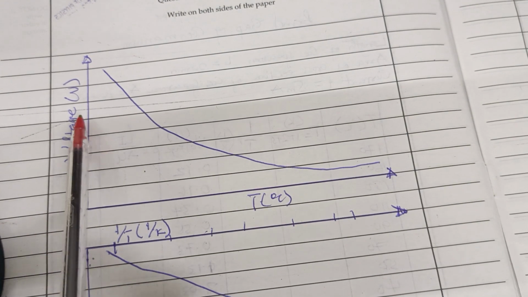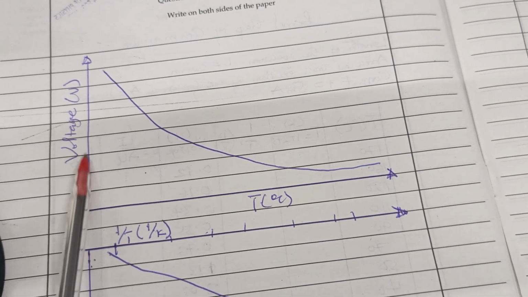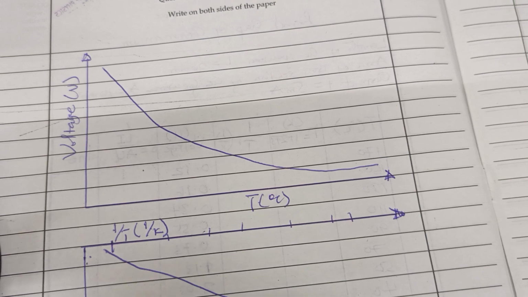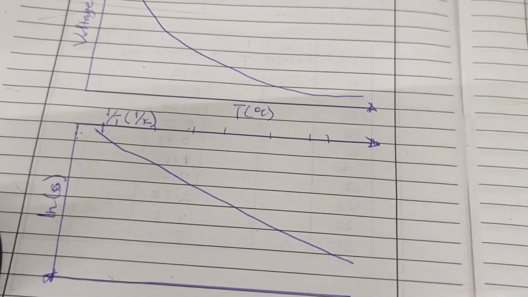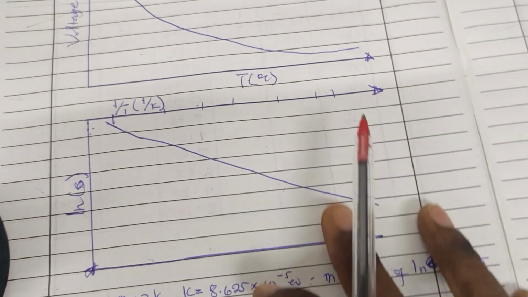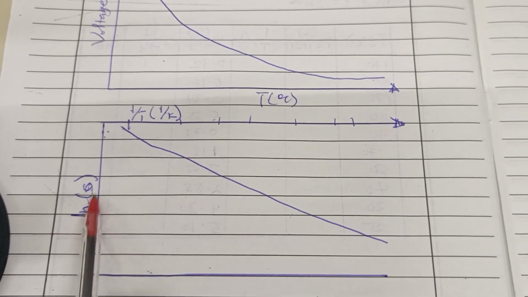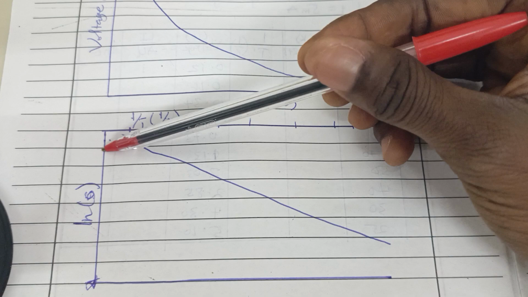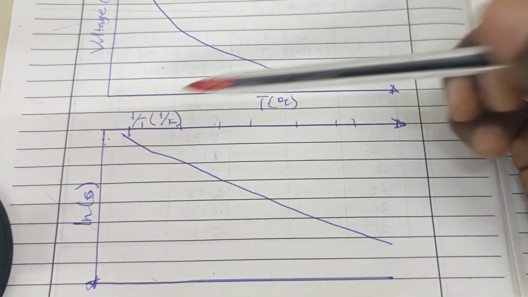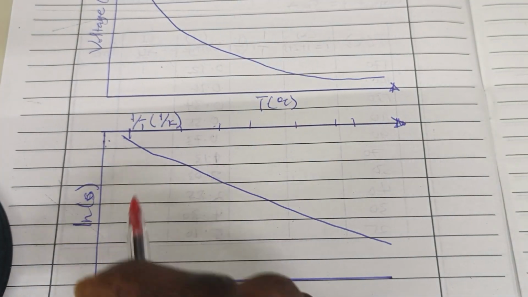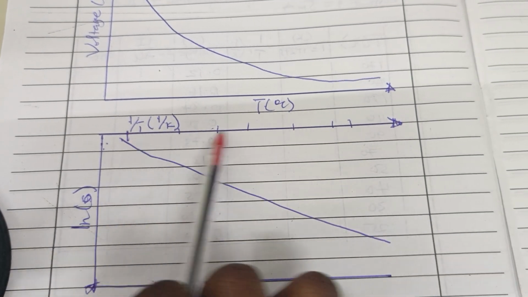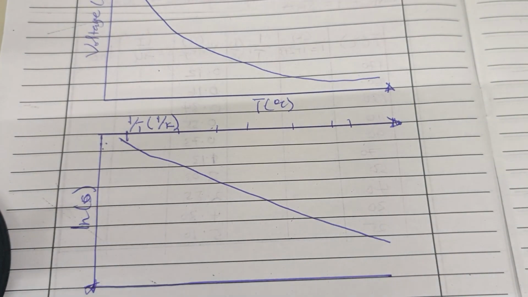Now, we'll be plotting voltage on the ordinate, and then we plot the temperature on the abscissa. Then the second graph, we'll be plotting the ln on the ordinate. So it has negative ln values here, and then we have positive abscissa values here, which is 1 over the Kelvin.